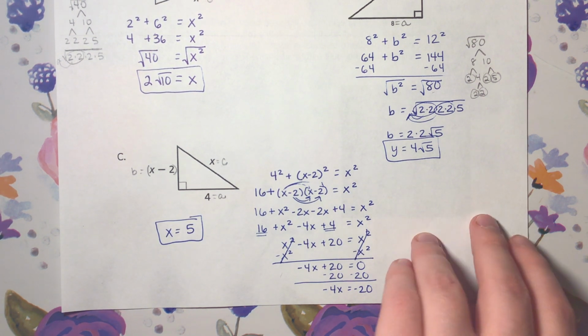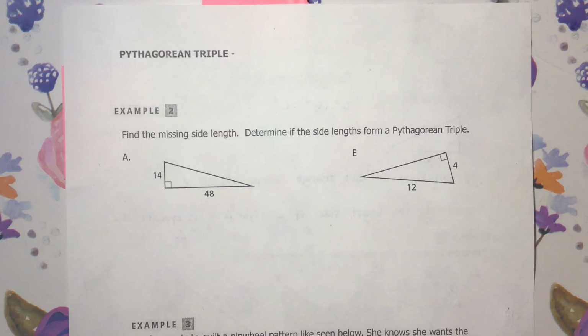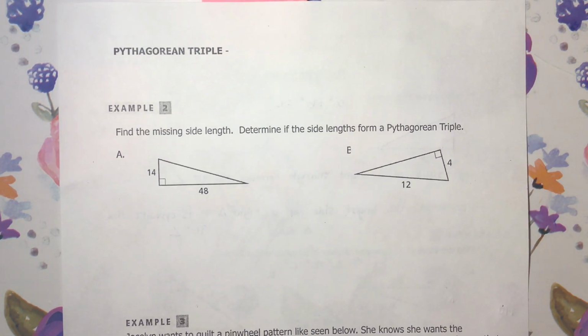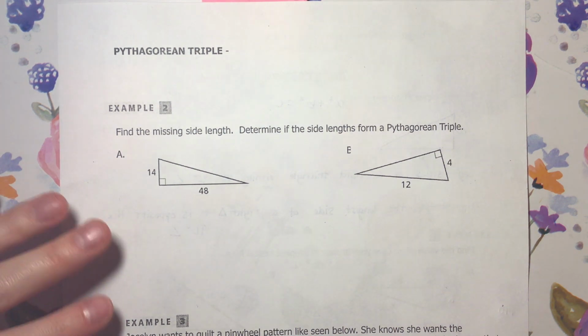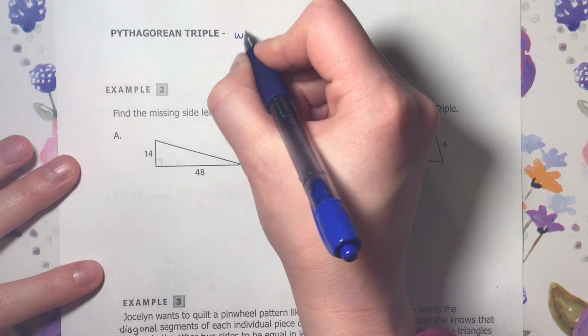Alrighty, let's look at some more examples. What happens when we have a beautiful triangle? In other words, no decimals or no fractions. This is something called a Pythagorean triple. And this is basically when the sides of a right triangle are all whole numbers.